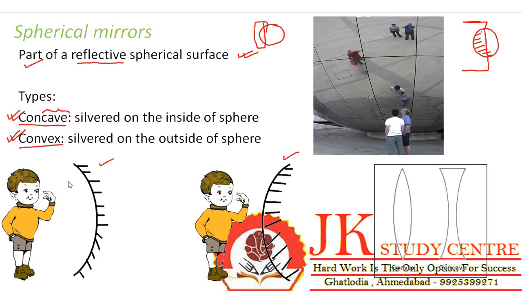It means when you enter inside something. So wherever you have this word cave, you have inside. That means the inside is silvered. So that is concave. And the other one, convex, is silvered on the outside.